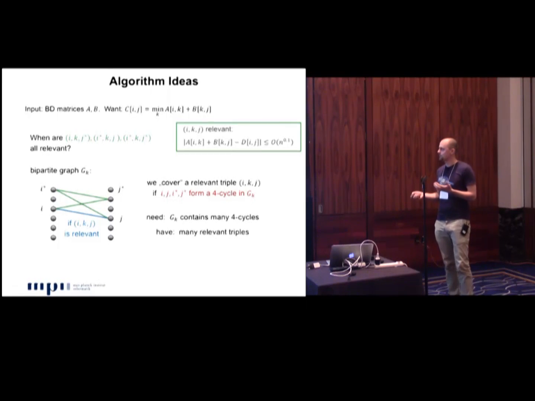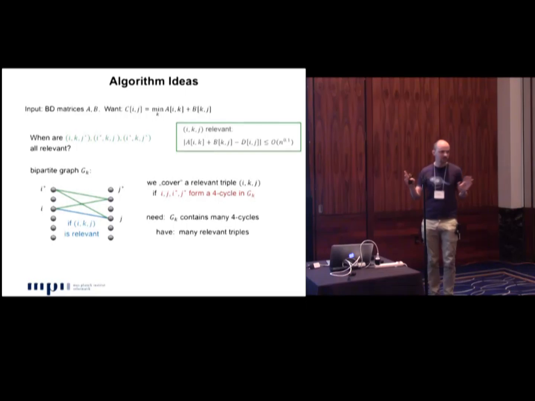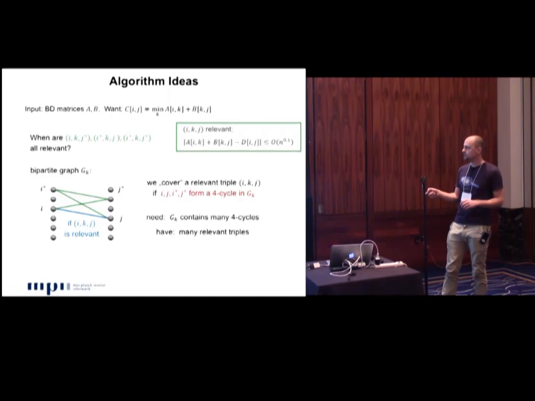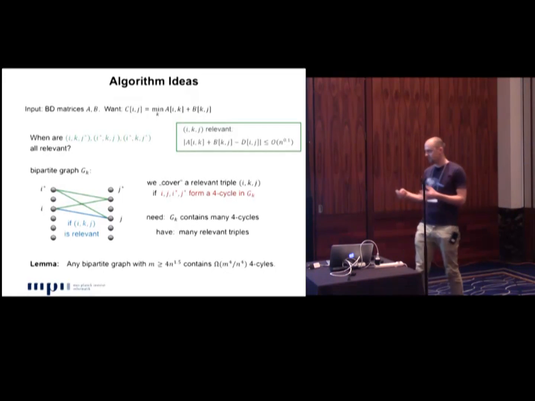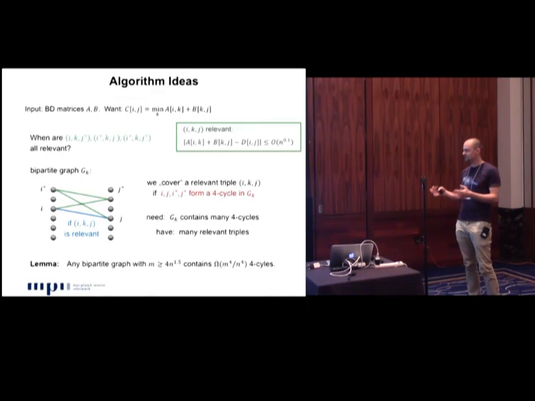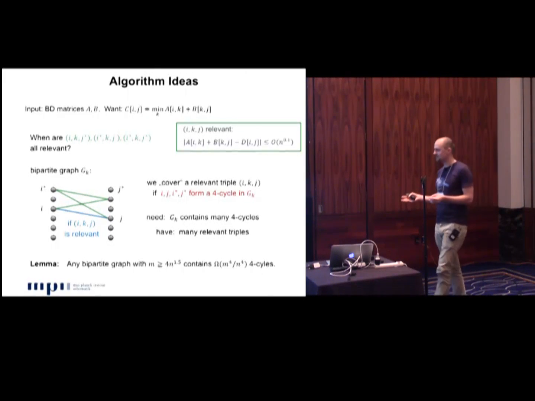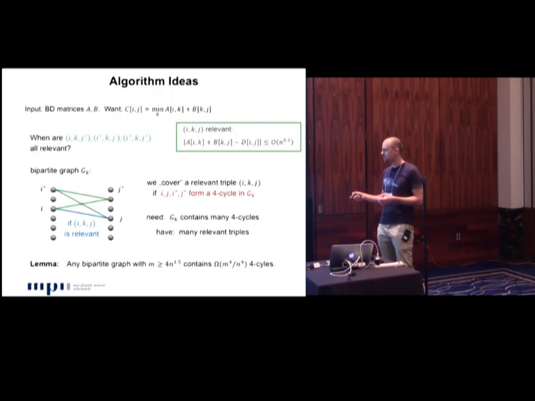And what we have is that there are many relevant triples, because we said we are in this hard case when there are many relevant triples. And many relevant triples means that at least on average there are many edges in this graph. So really the core of the correctness argument is simply this graph theoretic result that a bipartite graph with many edges contains many 4 cycles.